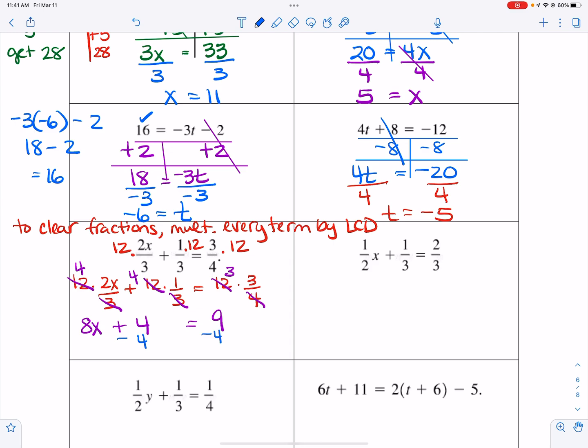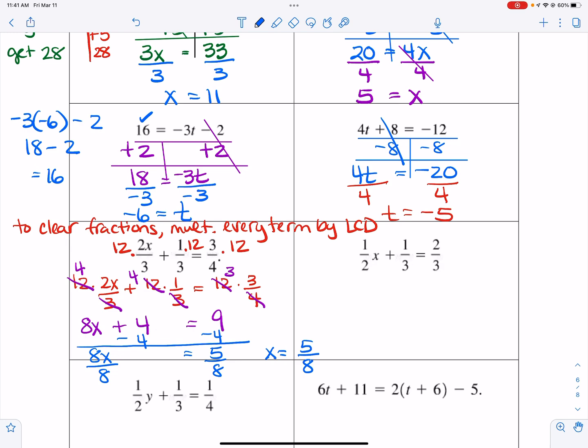So we're going to subtract 4. So I get 8x is equal to 5. And then I'm going to divide by 8, and so x is equal to 5/8. Now, it is a little bit harder to check it. You could check it, but it's not necessary. So I'm just going to leave it like that.